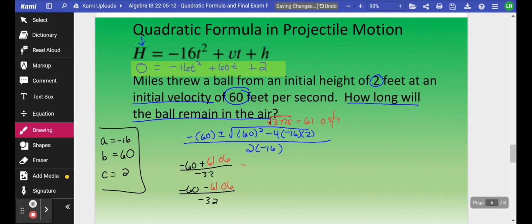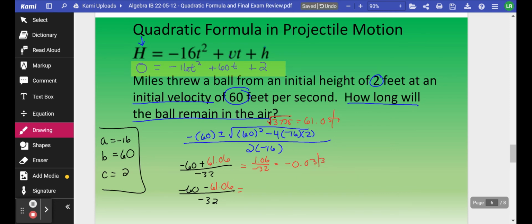Okay, so I add, I get negative 60 plus 61.06, which is 1.06, divided by negative 32. And I'm getting negative 0.033. That'll get rounded in a second.